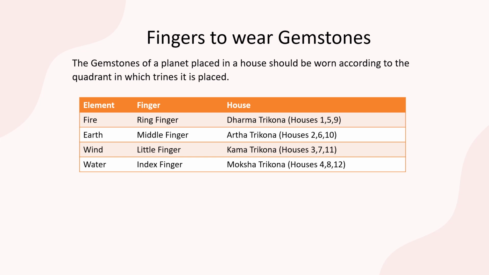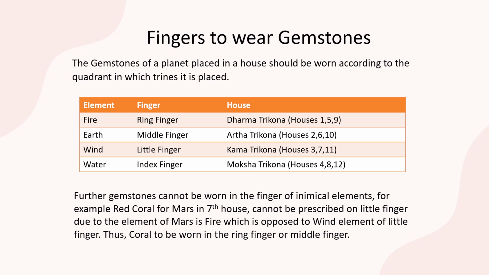At the same time, your sixth lord is an enemy lord to your ascendant lord. So you'll wear the gemstone of your sixth lord on your middle finger in the left hand to subdue the negative effect of that lord.